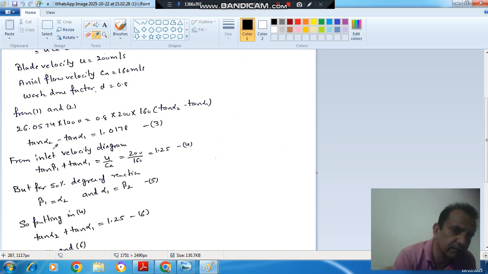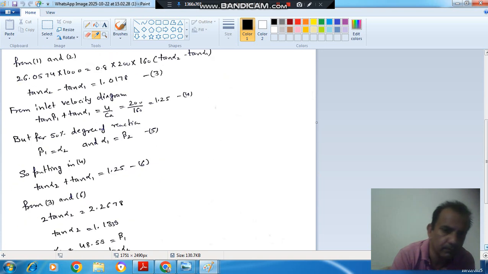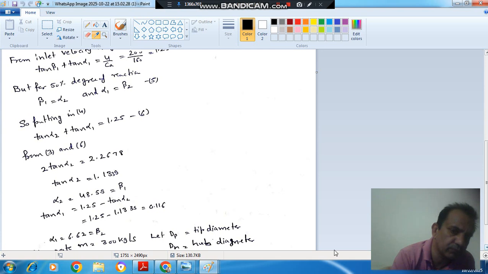So converting this beta 1 into alpha 2, it will be tangent alpha 2 plus tangent alpha 1 is equal to 1.25. So from this third and from 6 we can solve it for alpha 2 and alpha 1. So alpha 2 comes out as 48.59, that is equal to beta 1, and alpha 1 comes out 6.62, that is equal to beta 2.